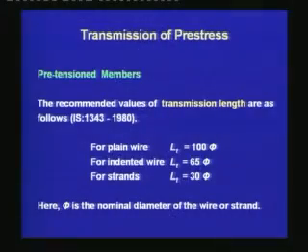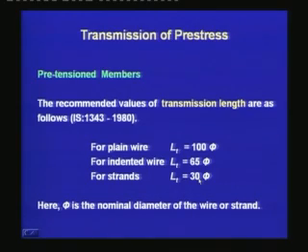As per the recommendations of the code, for plain wire, the transmission length should be 100 times the diameter of the wire. For indented wire, the transmission length is smaller, which is 65 times the diameter, and for twisted strands, the transmission length is even smaller, which is 30 times the nominal diameter of the strand.